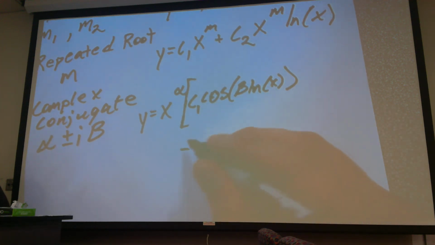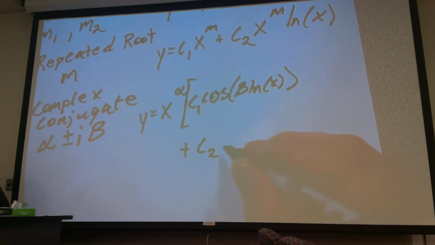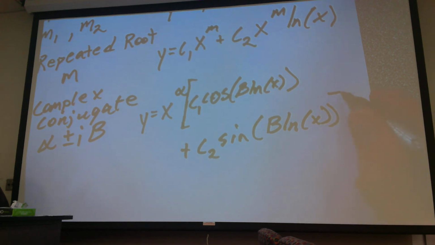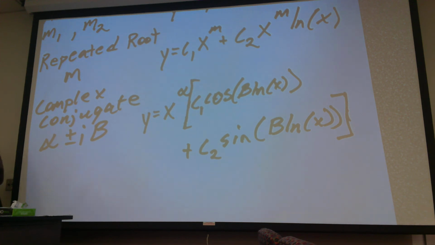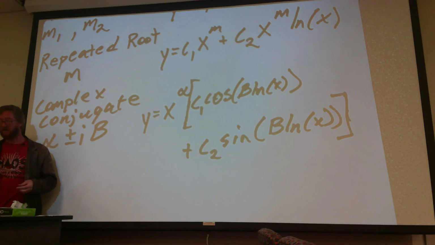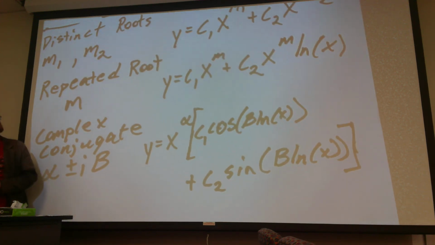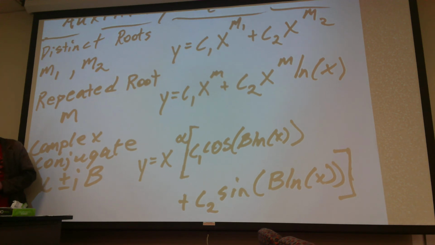And then plus c2 sine of beta natural log of x. Okay. And we'll go ahead and close those brackets. So this is the general set of rules that comes up when talking about Cauchy-Euler equations. That's basically our set of rules right there for distinct roots, repeated roots, and complex conjugate roots.